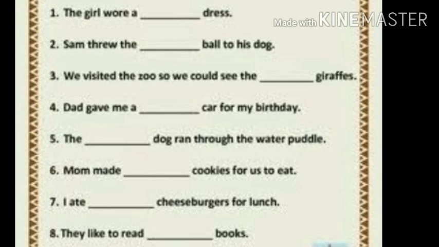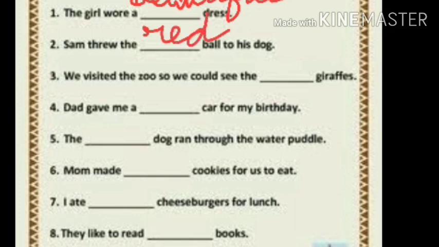So let's say a beautiful dress. I'm using my fingers, so writing is not so good. Sam threw the dash ball to his dog. Sam threw the, let's say, red ball. You can use color also.